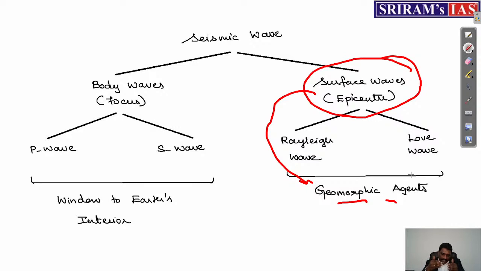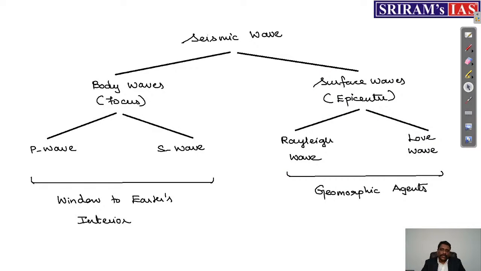Earthquakes have the potential to change existing landform features. The waves that change the shape of landforms are surface waves. But what has given us a larger idea about Earth's interior is body waves. So first, we'll talk about body waves.